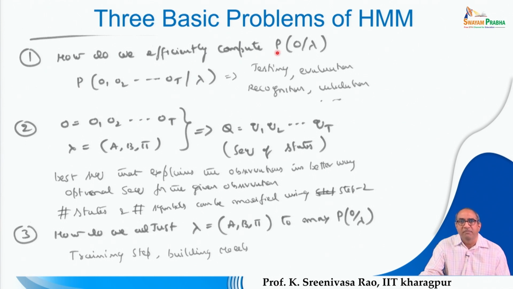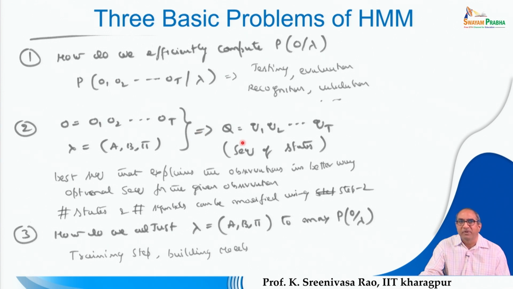So, this is the first problem, and the second problem is: given the sequence of feature vectors O1, O2, O3, ... OT and given the model, is there a way to compute the sequence of states that is responsible for generating this particular sequence of feature vectors? That means, from the given observation sequence and the model, is there a way to compute the optimal state sequence responsible for this observation sequence?